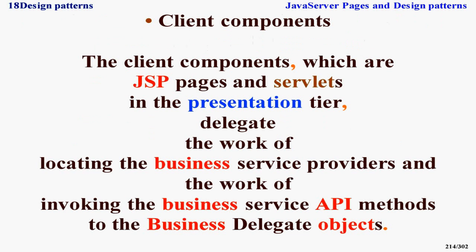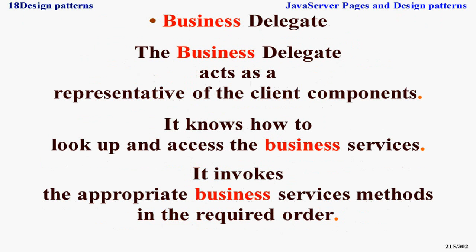The responsibilities of the components participating in this pattern are: Client components. The client components, which are JSP pages and servlets in the presentation tier, delegate the work of locating the business service providers and the work of invoking the business service API methods to the business delegate objects. Business delegate. The business delegate acts as a representative of the client components.